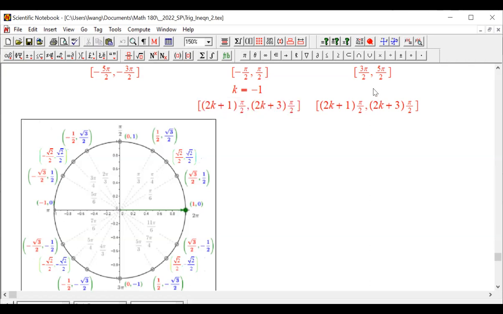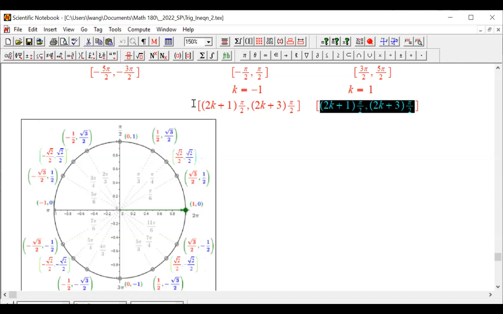And over here, we're going to try if k equals 1. 2 times 1, that's 3 pi, 5 pi, it works for here.